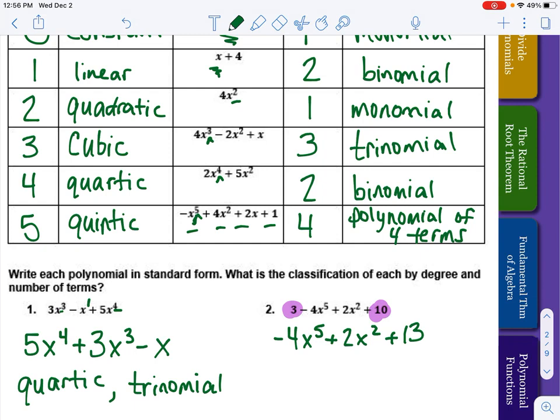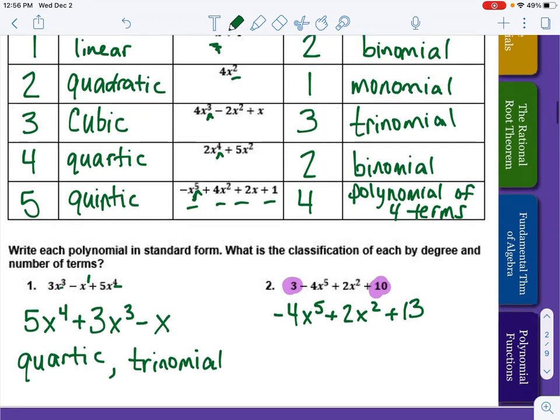So we have negative 4x to the fifth plus 2x squared plus 3. Name it by its degree as well as number of terms. So we have highest degree, quintic. So our leading term is a quintic. And there are 3 terms once again, so this is also a trinomial.